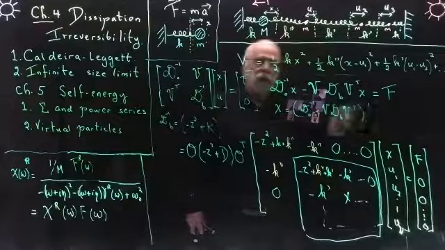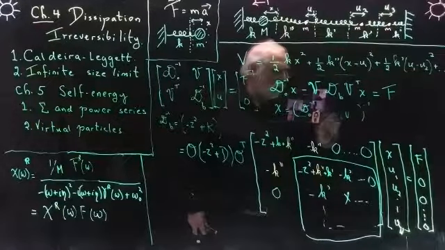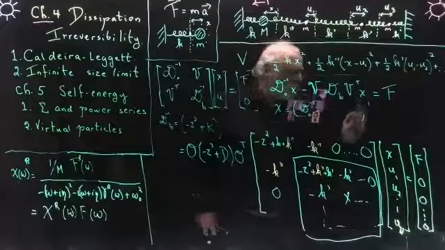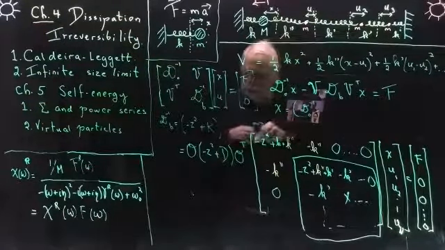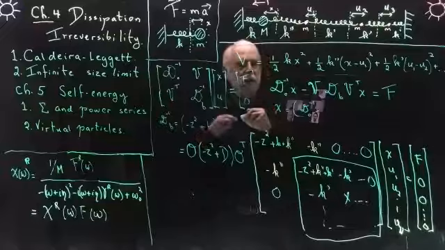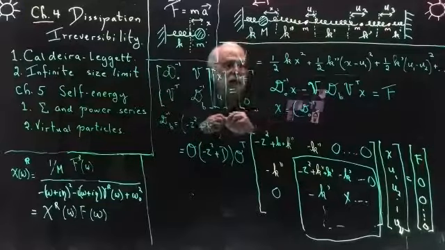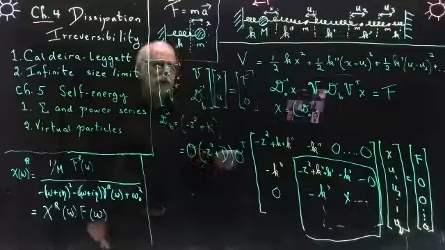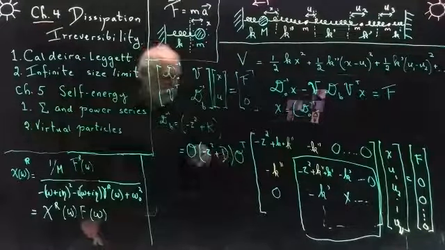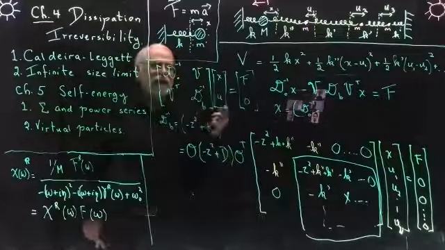Are you okay? No question? I'm not sure why we could do this. Because K is a real symmetric matrix, so it is diagonalized by an orthogonal transformation. So O times O transpose is the identity.